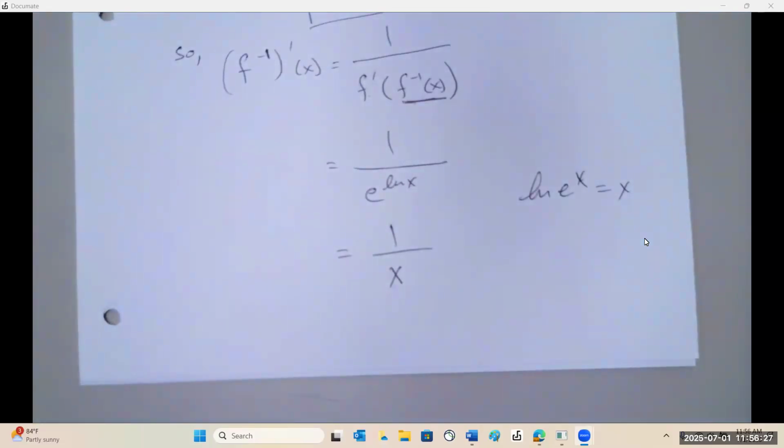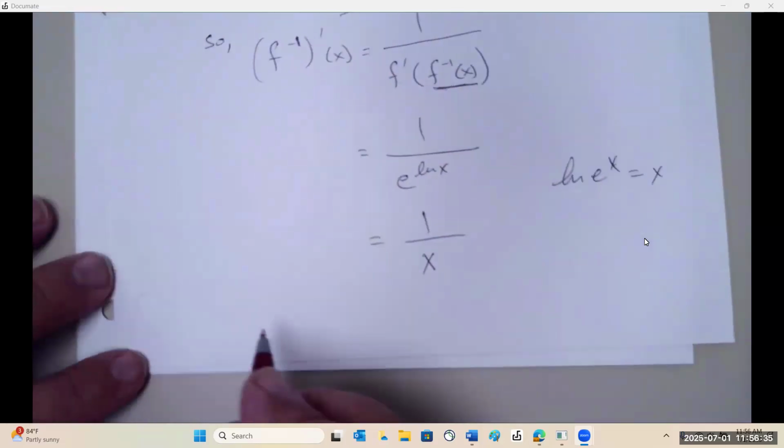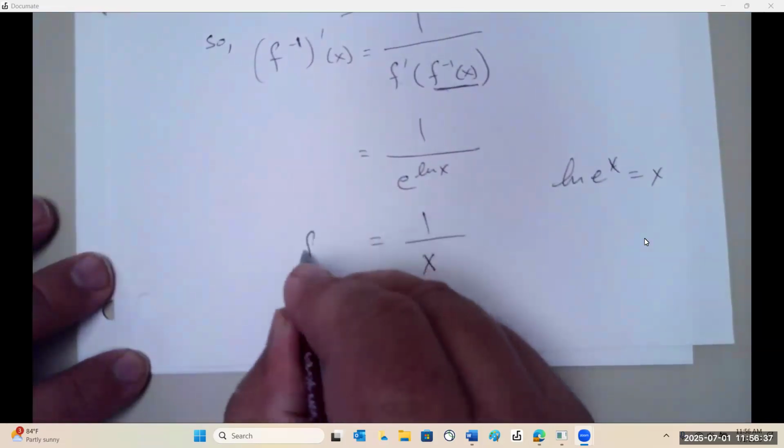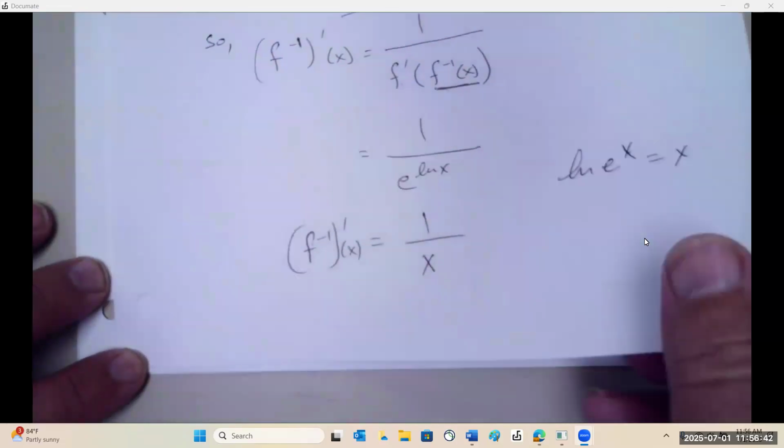Is there another way we could derive it, using what we've been talking about from algebra? So we know that the derivative of our inverse function is 1 over x. Let's start off with what we started off with. Here's the same example.